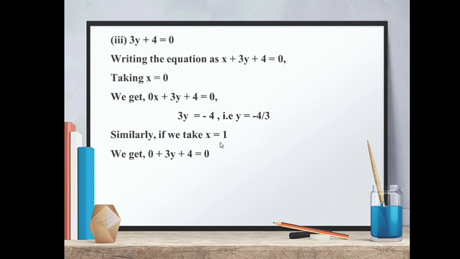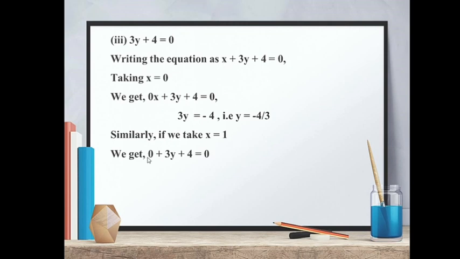And as I told you, there are infinitely many solutions for an equation. So you can take x as 0, again you can take x as 1, again you can take x as minus 1. That way you can find out the solution of the linear equation. So here by taking x equals 1, I got 0 into 1 equals 0, because your coefficient is 0, as I told you.